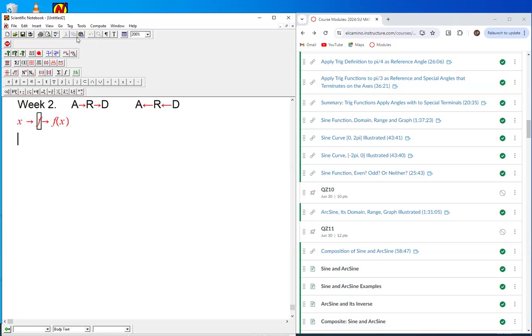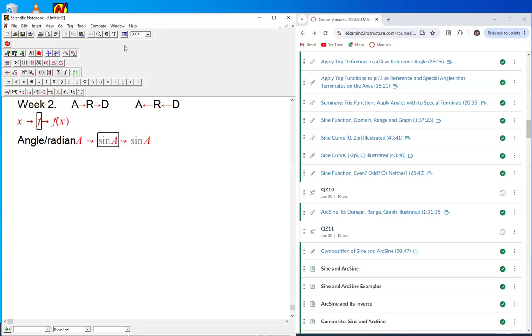Sine takes angles as input, and of course, the output is sine of A. The input are angles, degrees or radians.